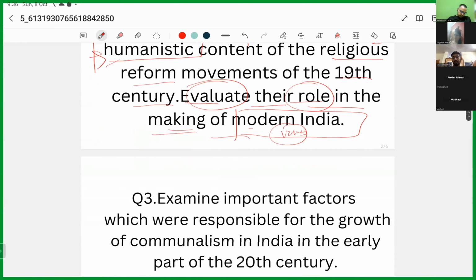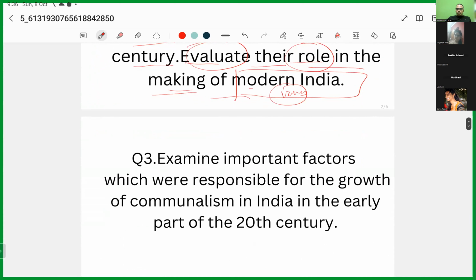Sir, here modern India means post-independence or the national struggle also? I will say making of modern India relates to the post-independence only.